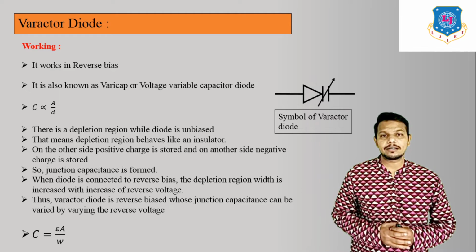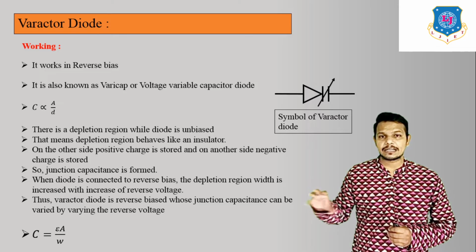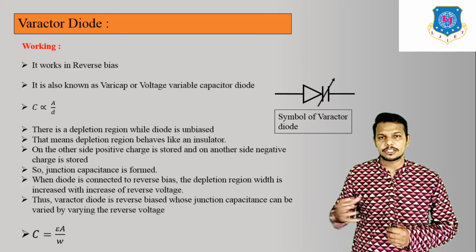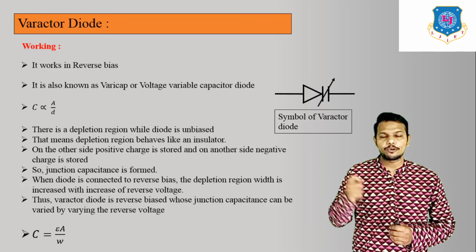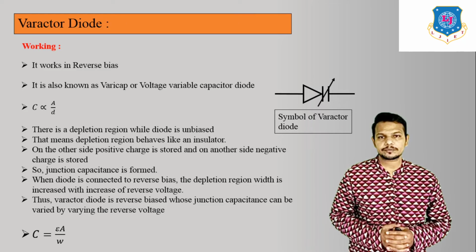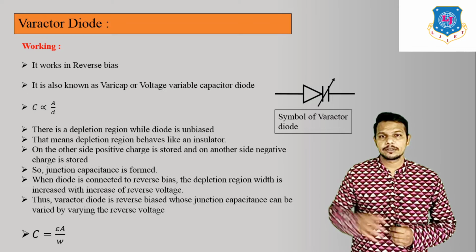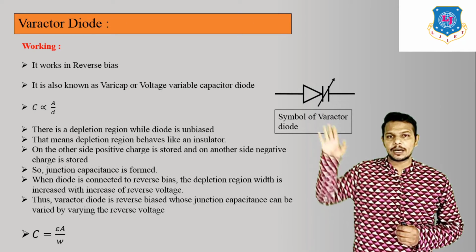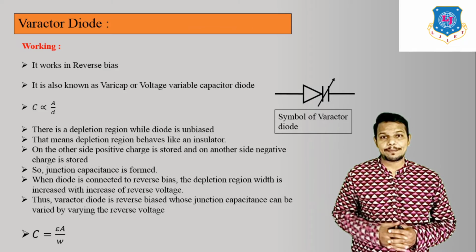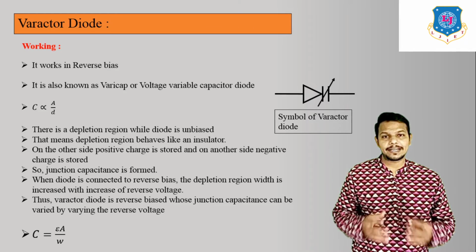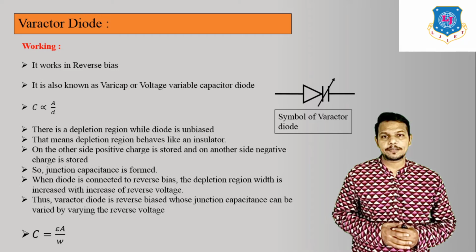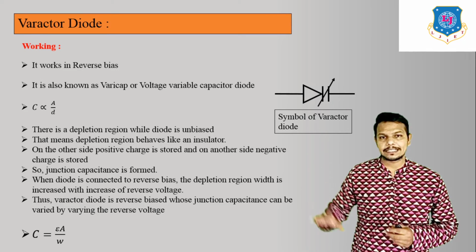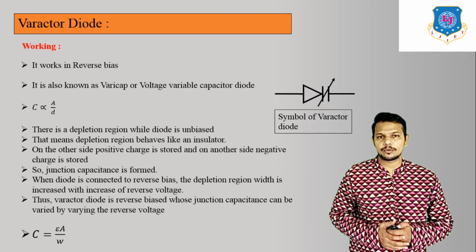Here its equation will be C, that means capacitance, transition capacitance, we can say CT is equal to epsilon A upon W. Or we can say C is directly proportional to A upon D, where C is the capacitance, A is the area of the plates, and D is the distance between the two conducting plates. So this is the Varactor diode.